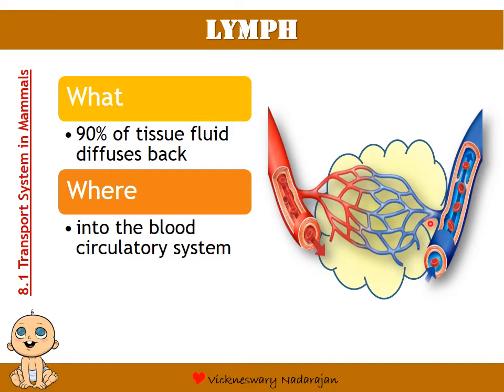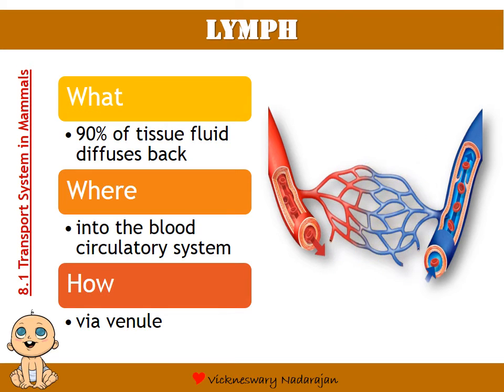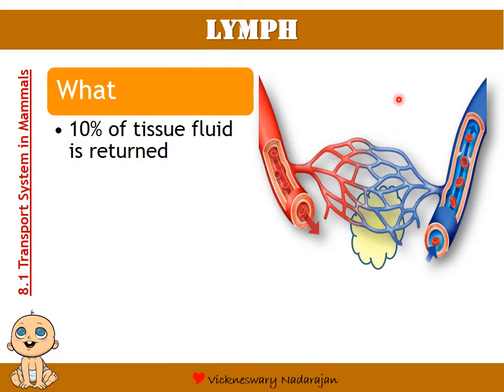Once the hydrostatic pressure decreases, the tissue fluid now can actually diffuse back into the venules. But you must take note that it is only 90% that is diffusing back. There is going to be a balance of 10% of tissue fluid at the interstitial space.